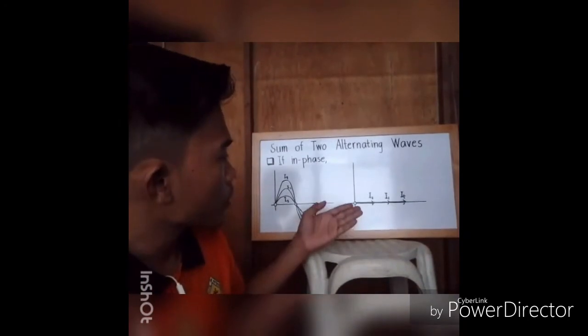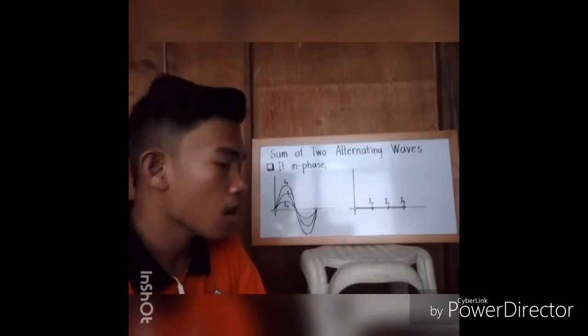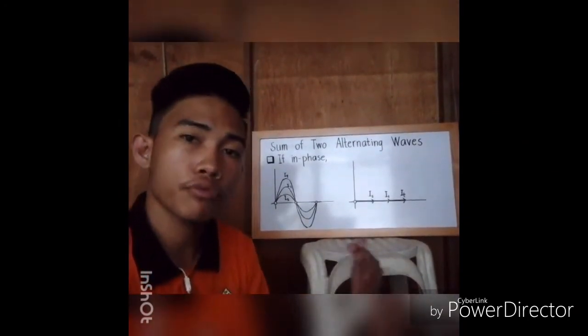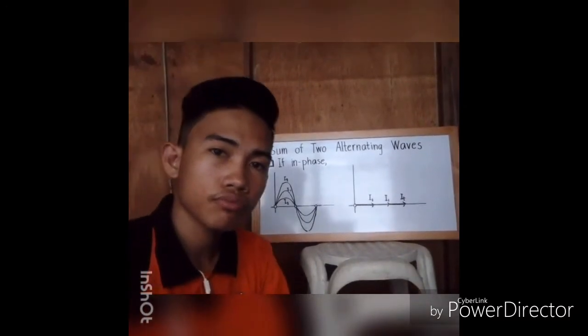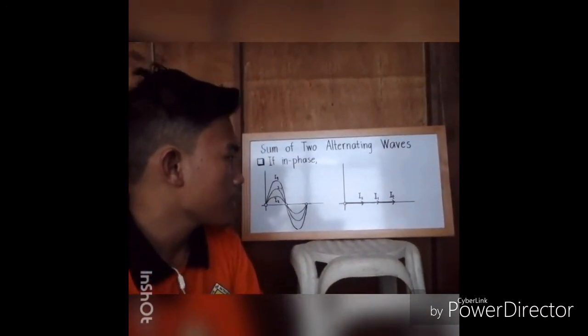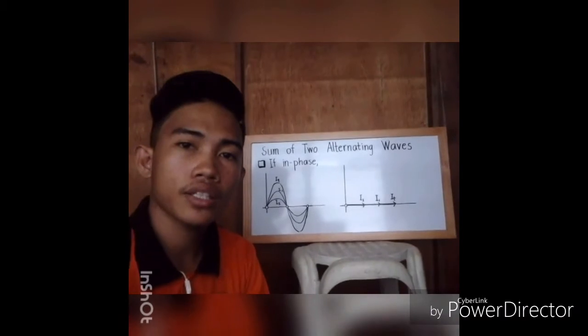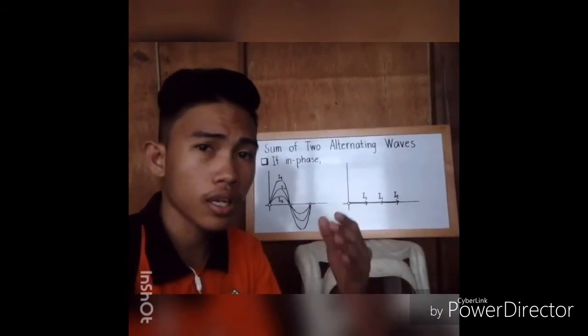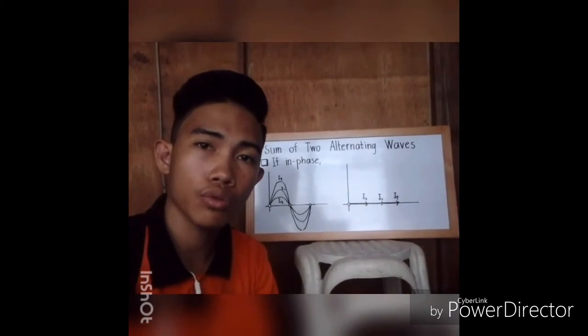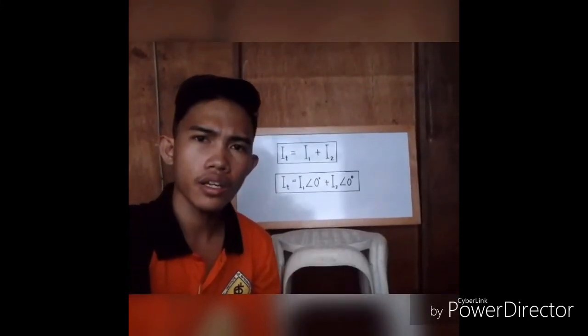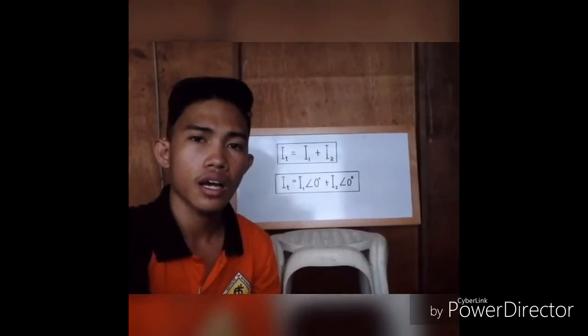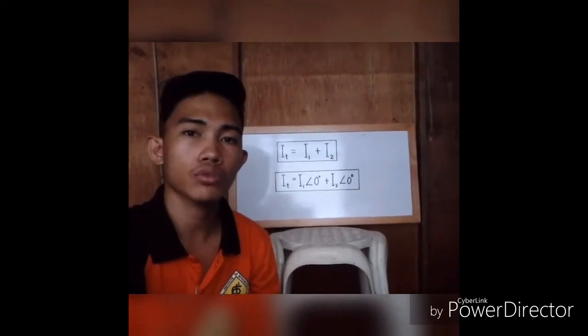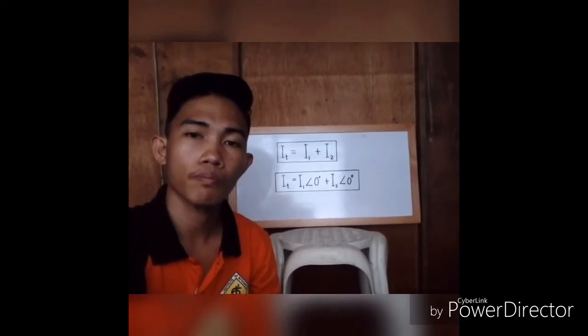The phasor diagram on the right is just another representation of these three waves. It is clearly shown right here that the length or the magnitude of IT is just equal to the length of I1 and I2 combined. Algebraically, it is represented as IT is equal to I1 plus I2.